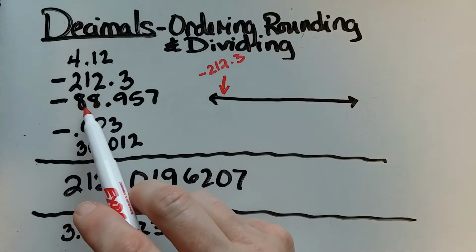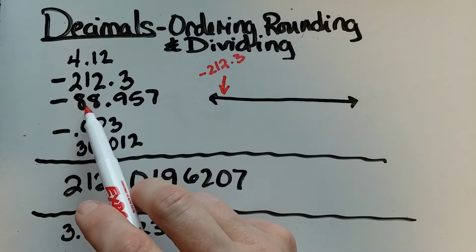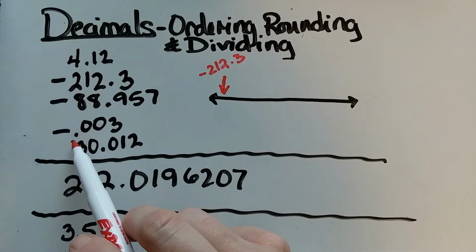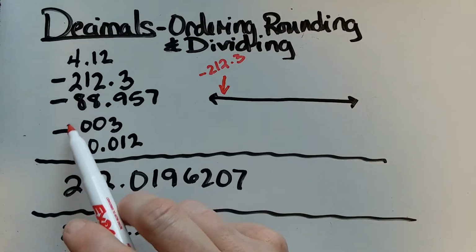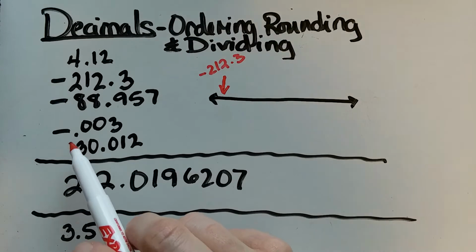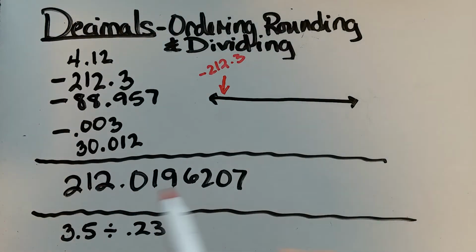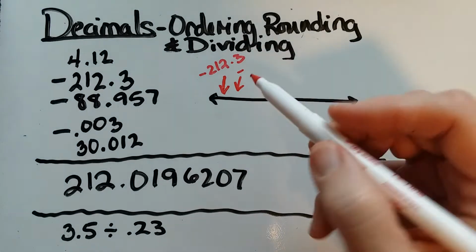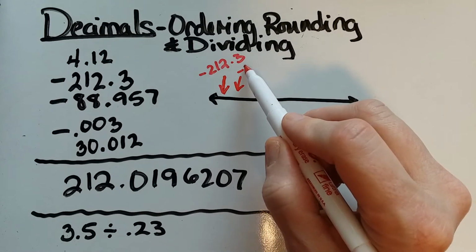So with regard to the negatives here, this is also quite negative. Negative 88 is far more negative than 0 is. See, there's an imaginary 0 right there, just to the left of this decimal place. So we know that negative 88 is larger than negative 212.